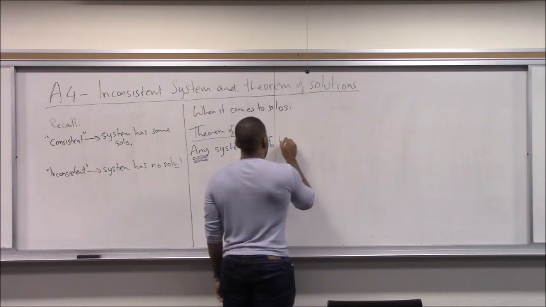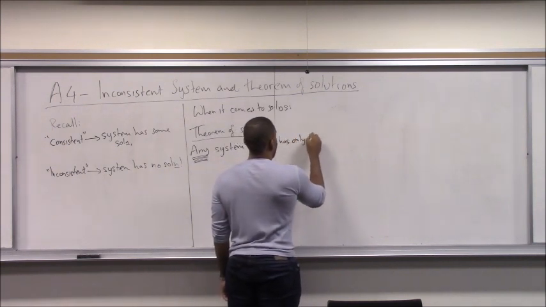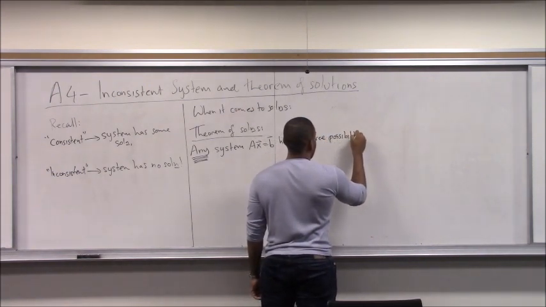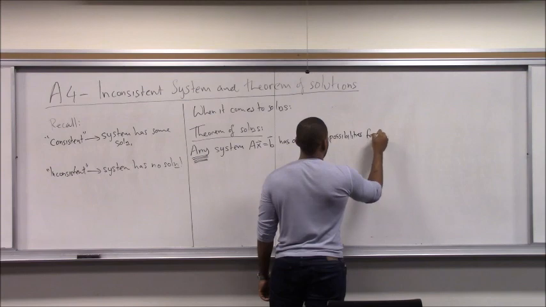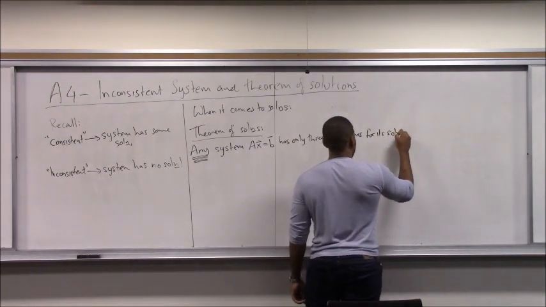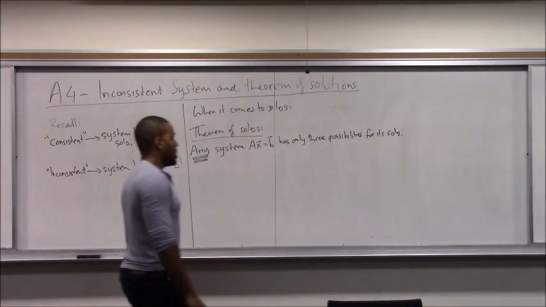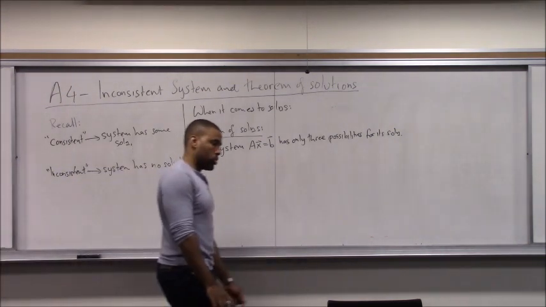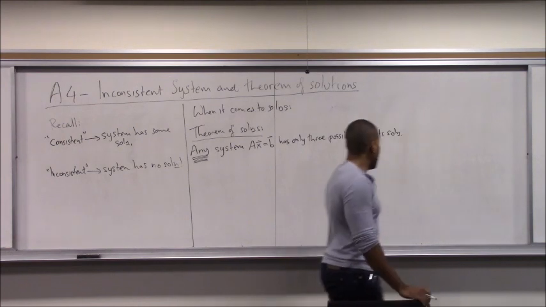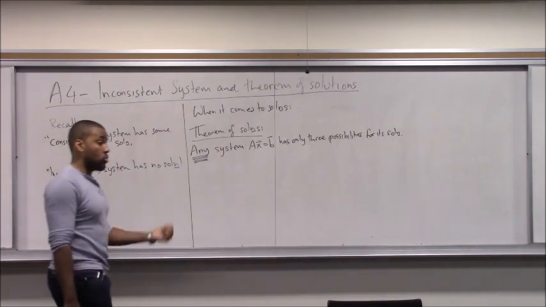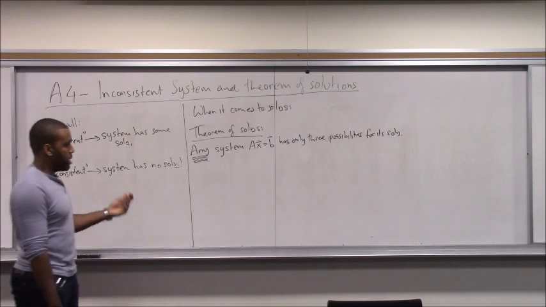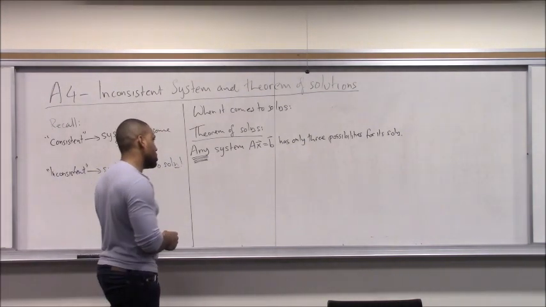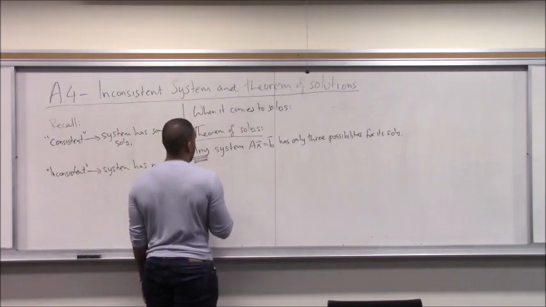Any system has only 3 possibilities for its solution. With linear systems of equations, there are only 3 cases to worry about. I'm going to tell you what they are, how to recognize when you're in each one, and then how to follow up to answer the question that might be asked about each situation.